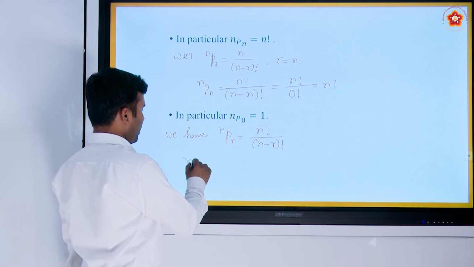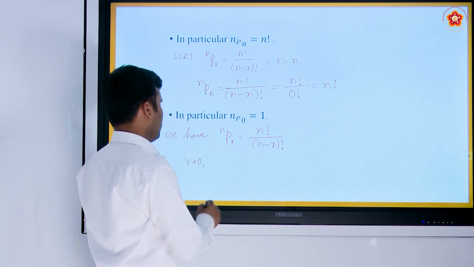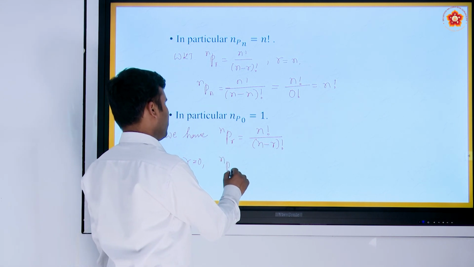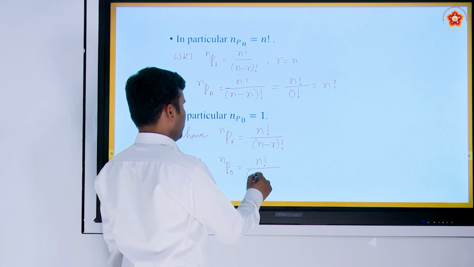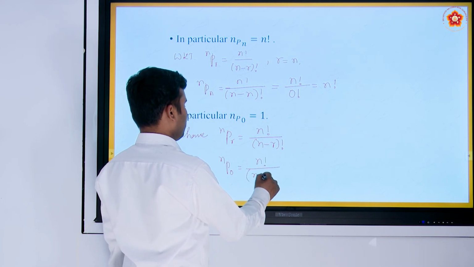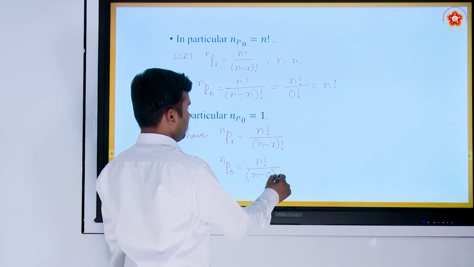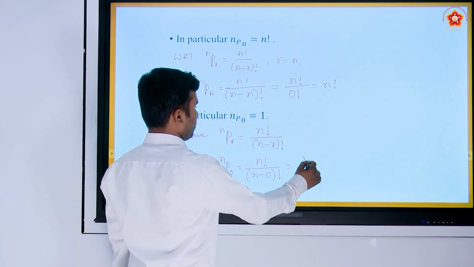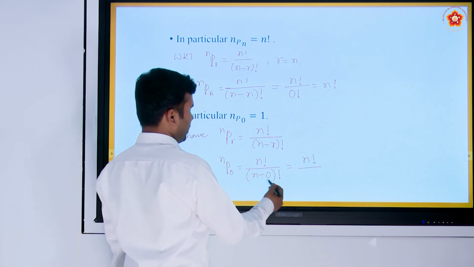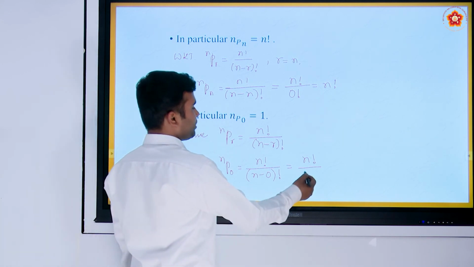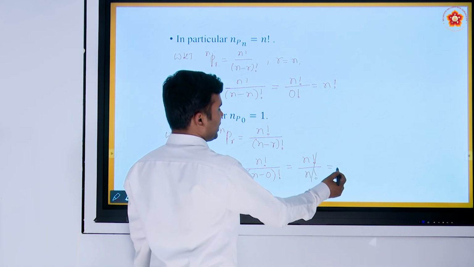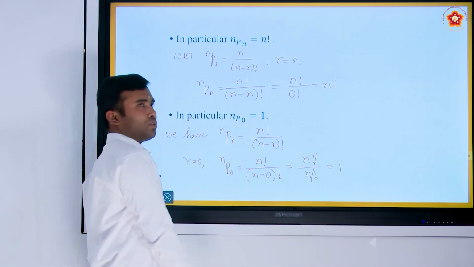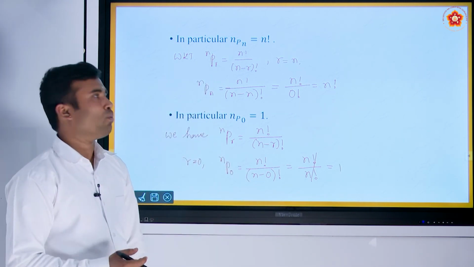Here r is equal to 0, so nP0 is equal to n factorial divided by n minus 0 factorial, which is n factorial divided by n factorial. This will get cancelled and you are left with 1. So, nP0 will be equal to 1.